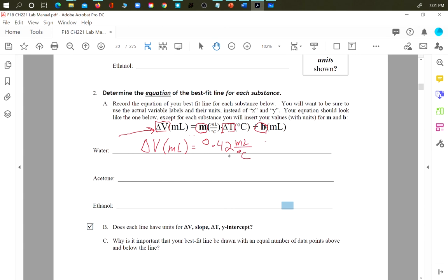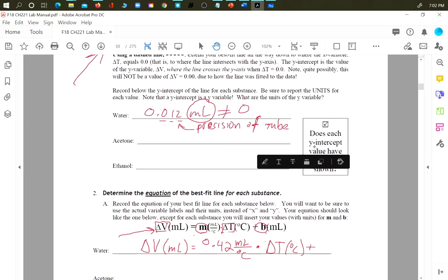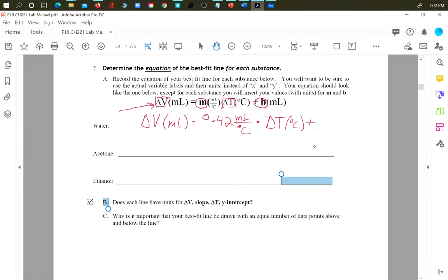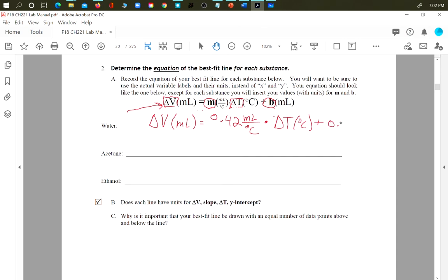Y equals slope times x variable, which was delta T, plus our y-intercept. What did I say that was? 0.012 milliliters. And that's it. That's the relationship for water between its change in volume dependent upon the change in the temperature in degrees C.